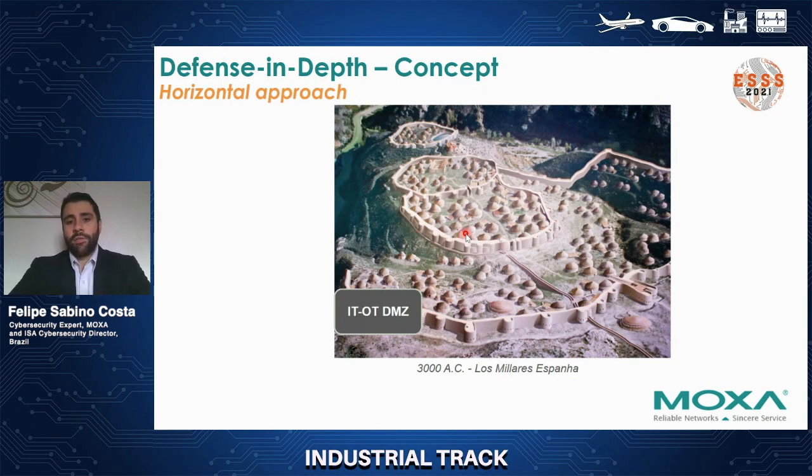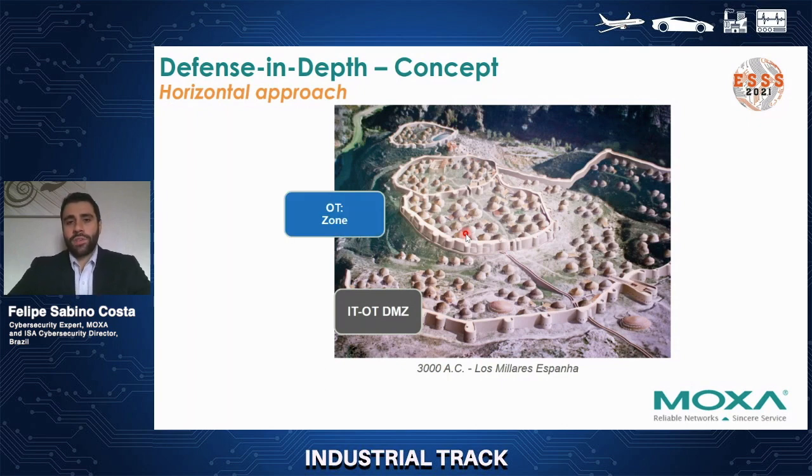And with that, we have a segregation where one system, the corporate, finishes and the operation starts. So we usually call the segregation DMZ, but DMZ is another concept where we try to avoid direct, let's say, connections. But in simple words, we have a first layer that is exactly where the enterprise network finishes and the operation starts.